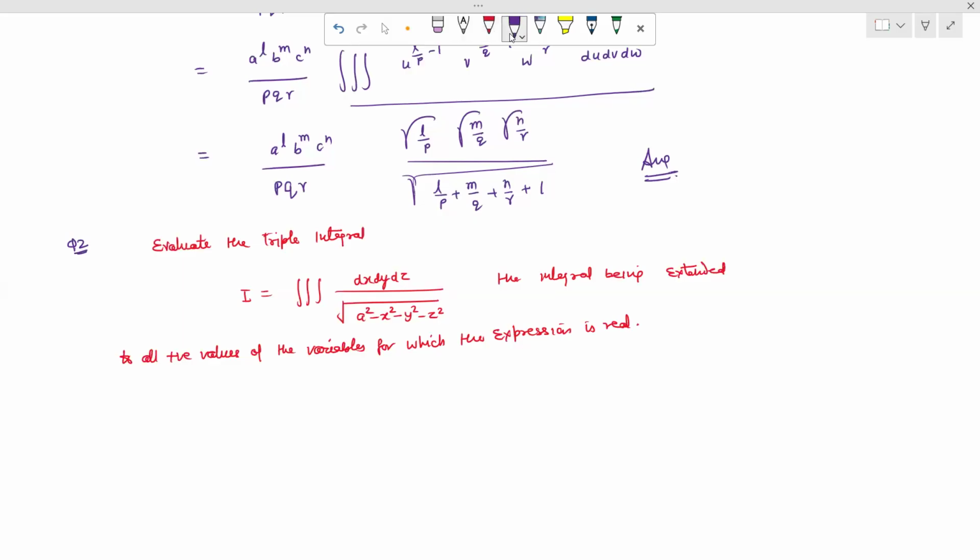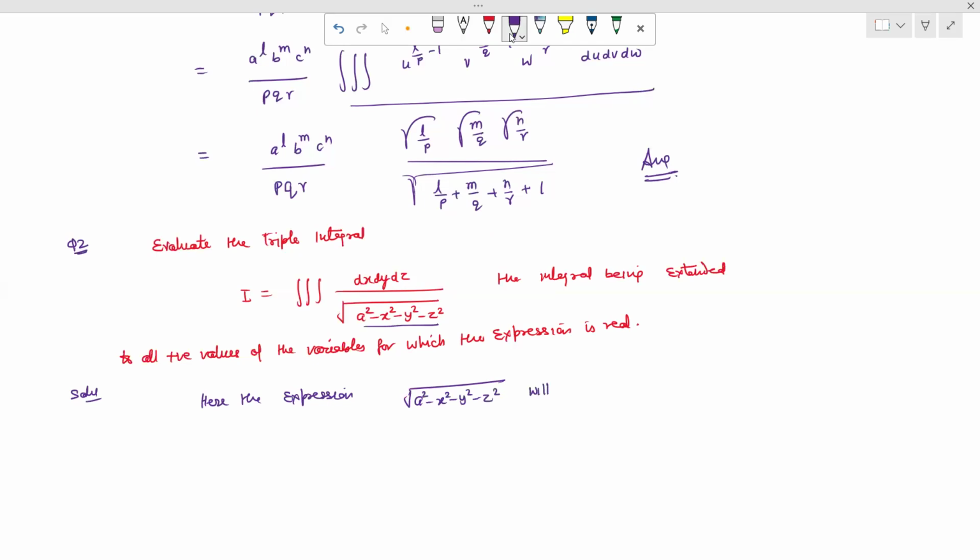So we see that this is our expression. So this expression is real. Here we write down the expression: a square minus x square minus y square minus z square.